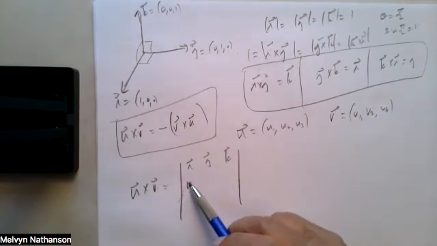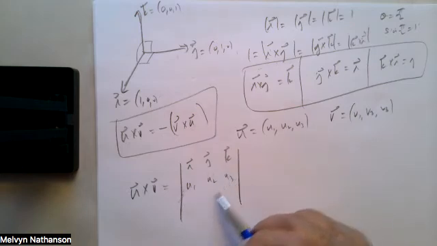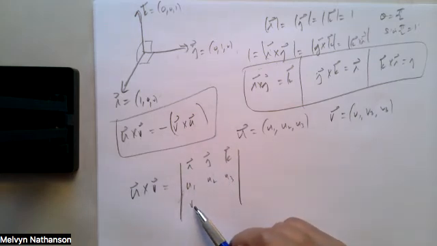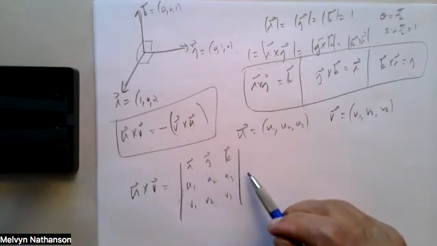But one way to remember it is to write a 3x3 determinant where the second row are the coordinates of u, the third row are the coordinates of v, and the first row are i, j, k.